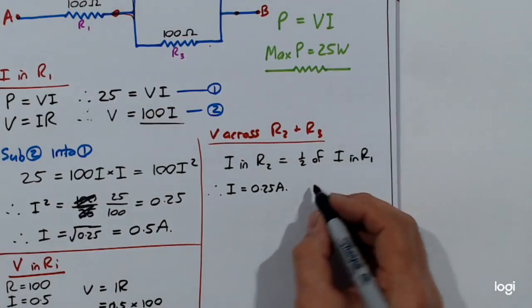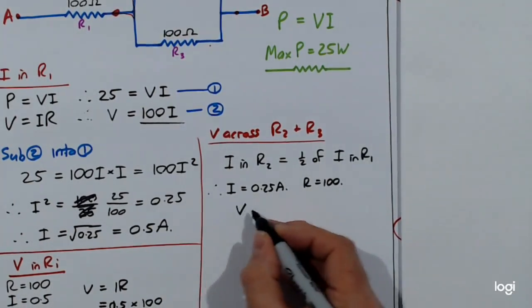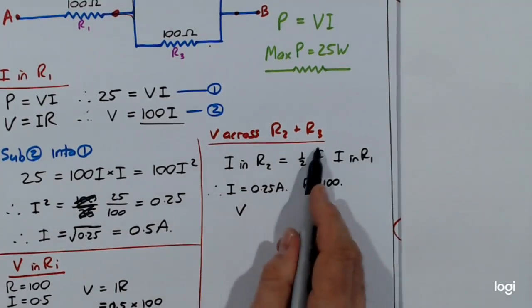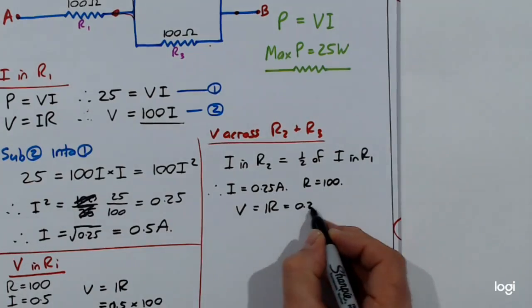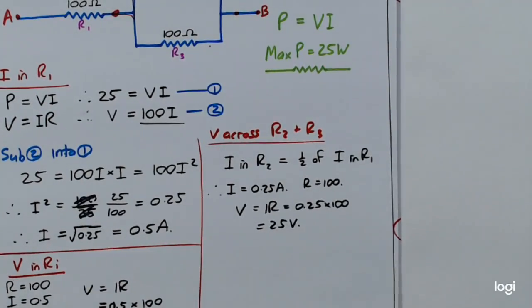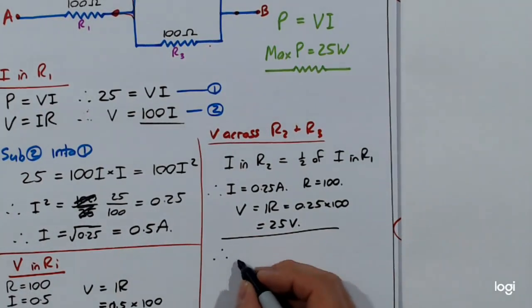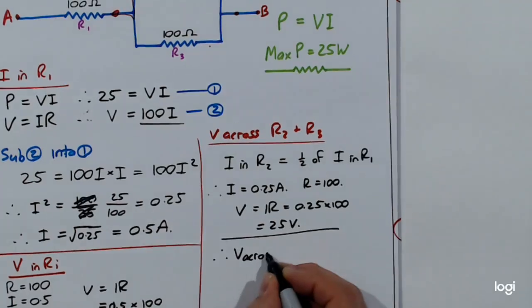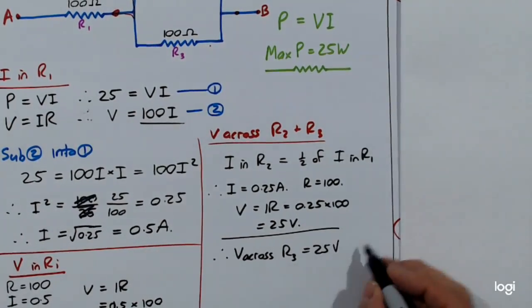And the resistance is 100 because they're all 100, and we're trying to find V. Write these headings, you remind yourself what you're doing. V equals IR, 0.25 times 100, 25 volts. Then you can say, therefore, the voltage across R3 is 25 volts as well.